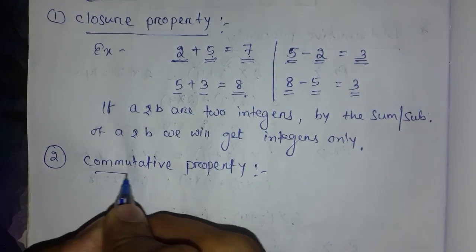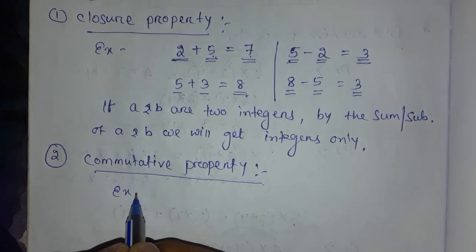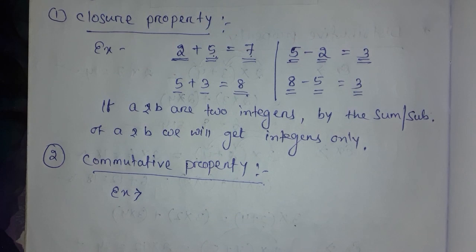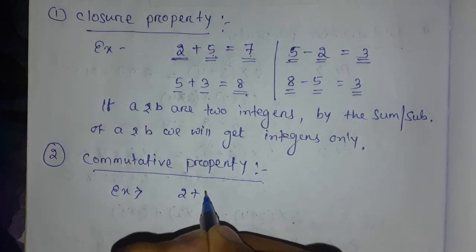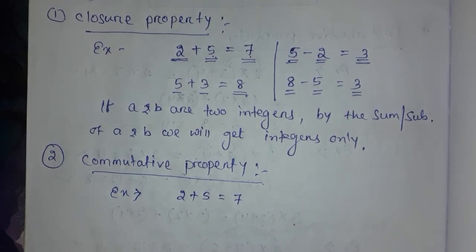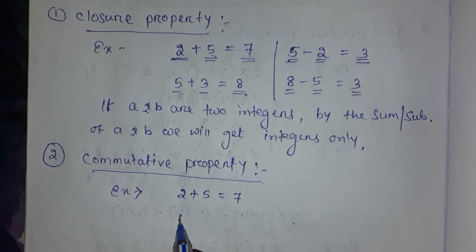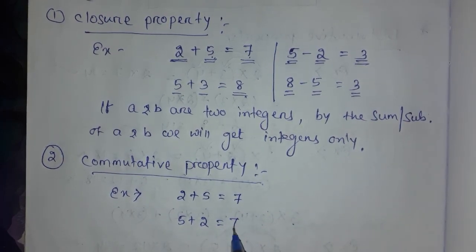Commutative property. Let's take the example first. If I add 2 plus 5, what will I get? 7. If I add 5 plus 2, I will get 7.